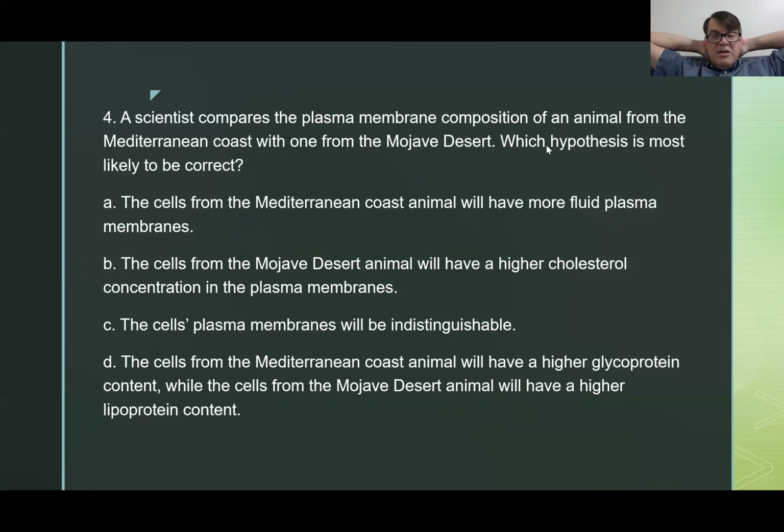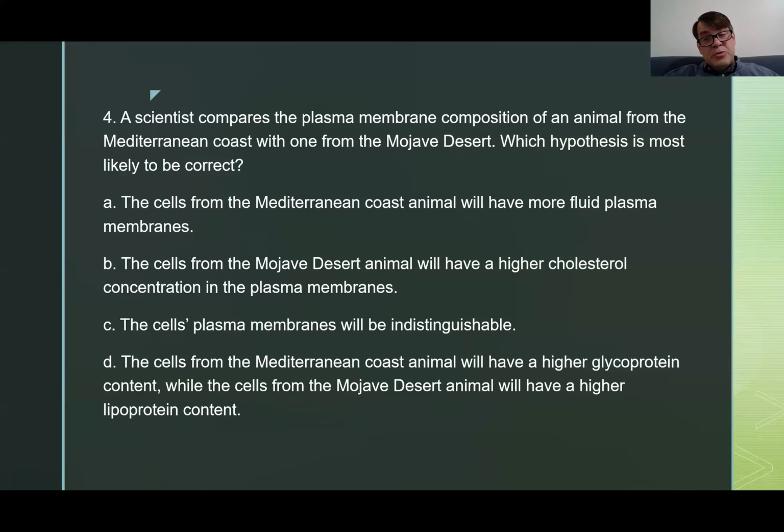B, the cells from the Mojave Desert will have a higher cholesterol concentration in the plasma membranes. I actually don't know if this is true because remember, both are hot, right? Both the Mediterranean coast and the Mojave Desert are hot. The Mojave Desert is in the western United States, Arizona, New Mexico. It's dry and it's hot, but both of these are hot. And cholesterol helps with the fluidity of the membrane.